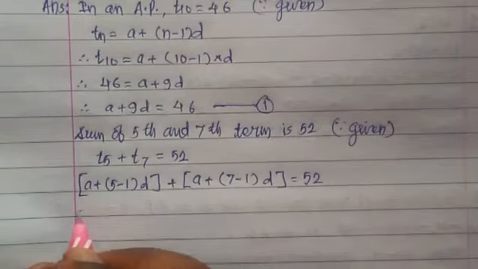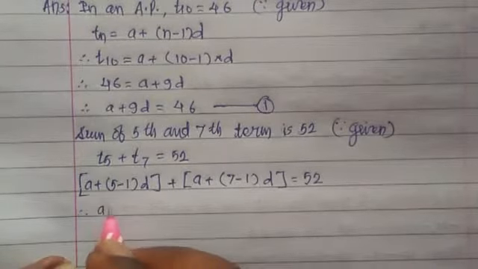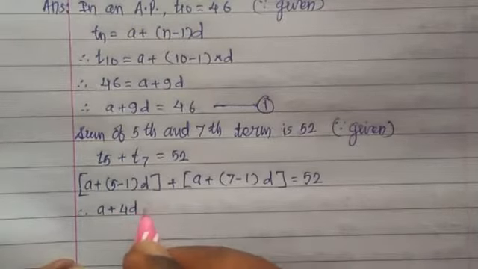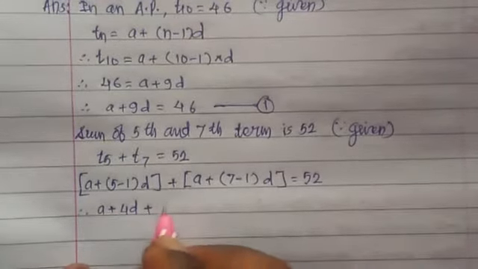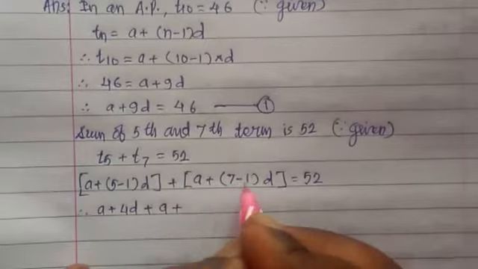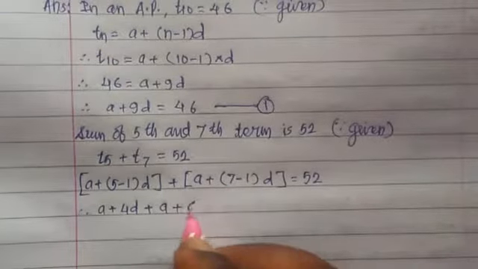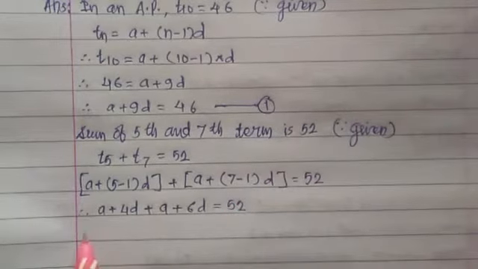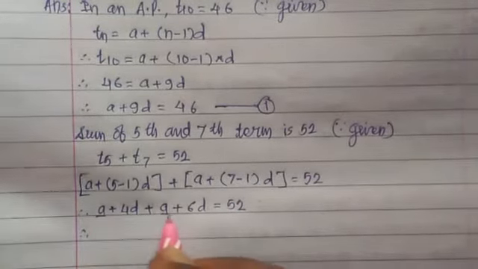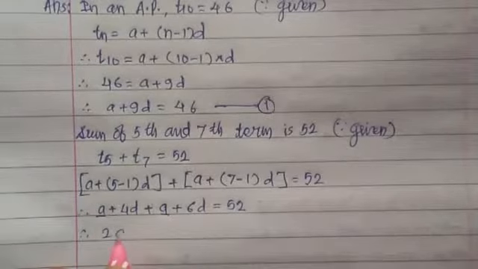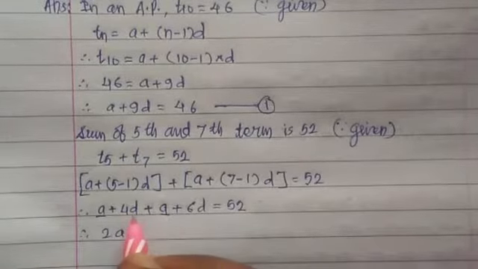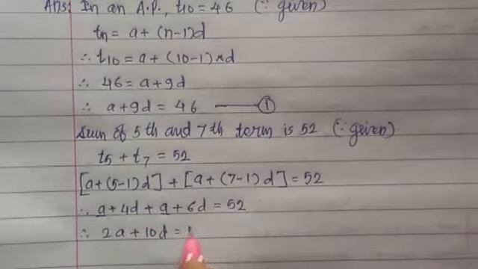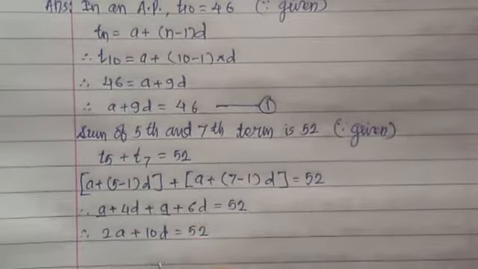Solving, we get A plus (5 minus 1) means 4 into D, 4D, then plus A plus (7 minus 1) means 6 into D, 6D is equal to 52. Hence A plus A means 2A, then plus 4D plus 6D means 10D is equal to 52.